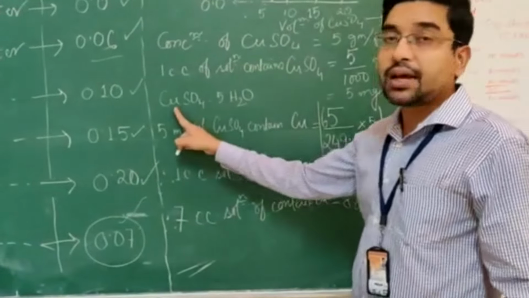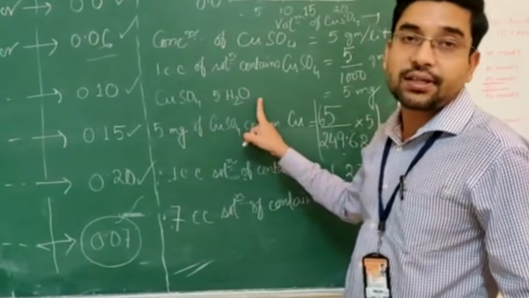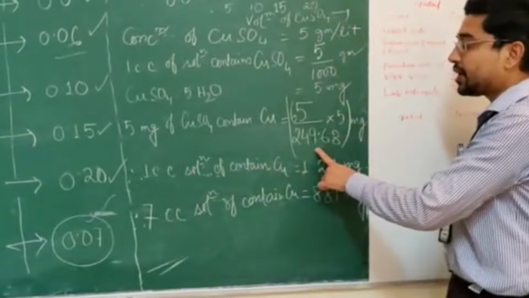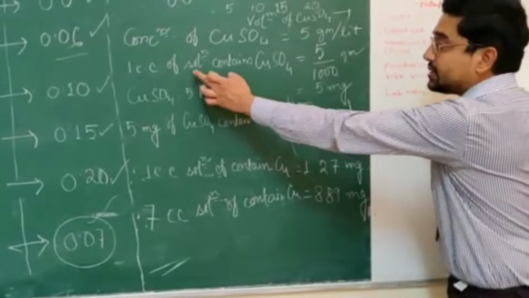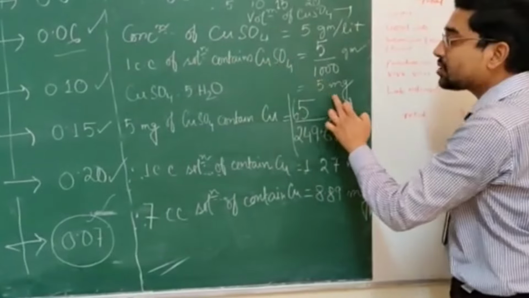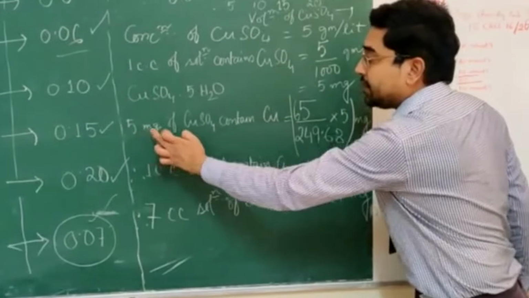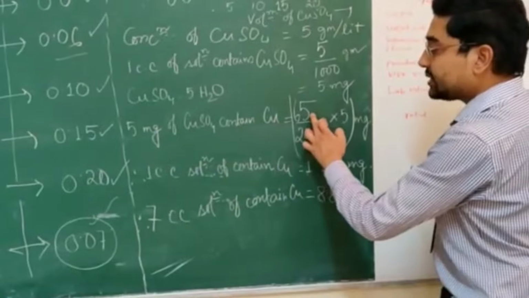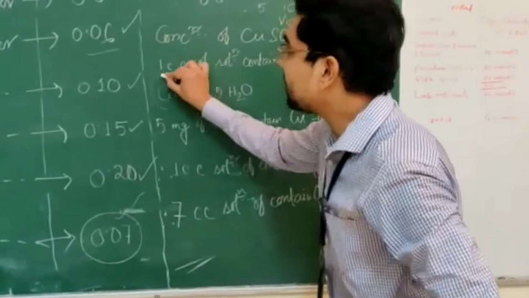So what is the chemical formula of copper sulfate crystal? CuSO4·5H2O. That's why the molecular weight of CuSO4·5H2O is 249.68. So 1 cc of solution contains how much copper sulfate? That is 5 milligram. So 5 milligram of copper sulfate will contain copper, that is 65. What is 65? 65 is the atomic weight of copper.